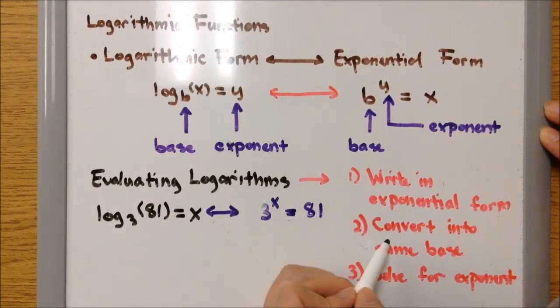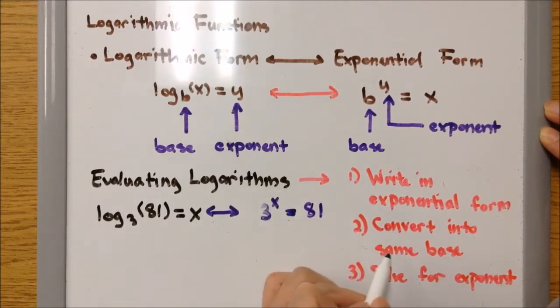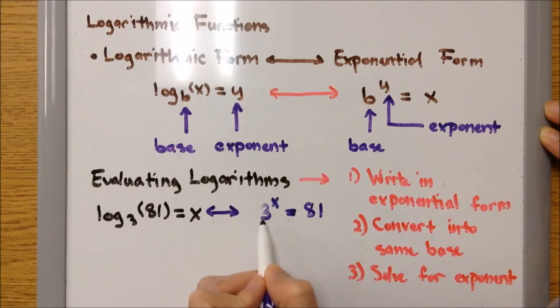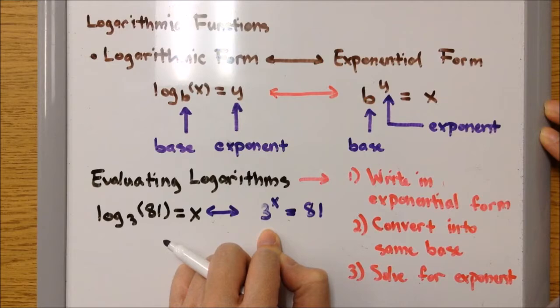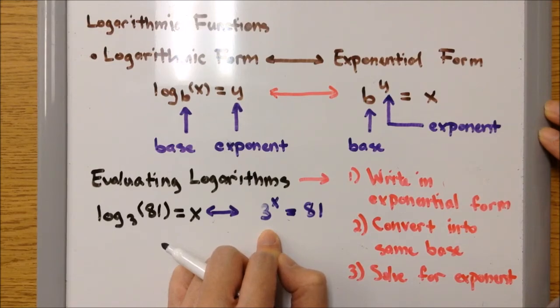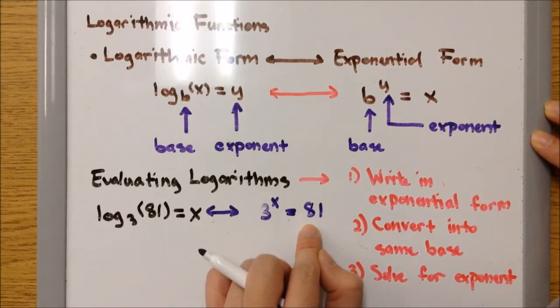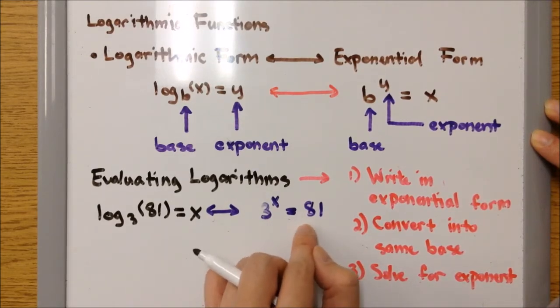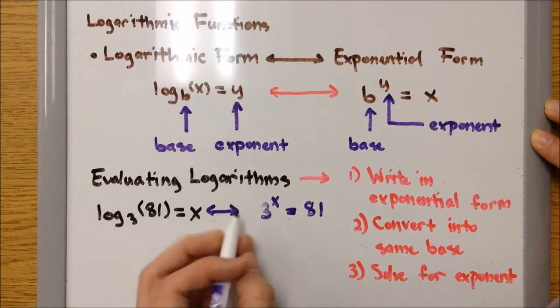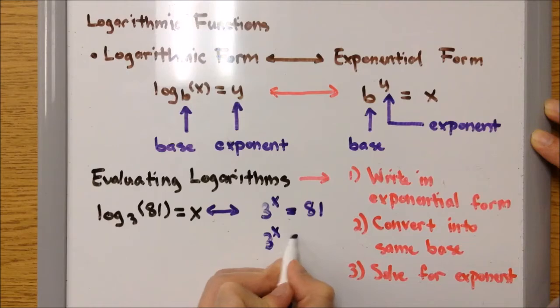Step 2, convert into the same base. That means we need to convert so that both sides have the same base. Over here, it's base 3 to the power of x. I don't have to do anything to this side because it's already a simple base. On the left side, it's 3 to the power of x. Now 81, we can convert into a common base. So let me rewrite the right side.